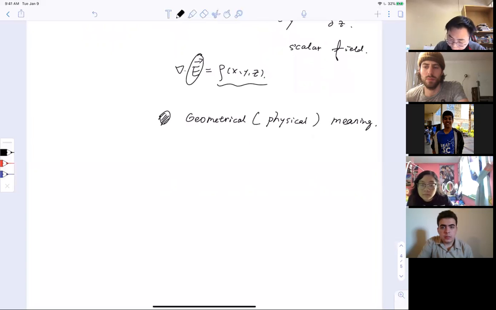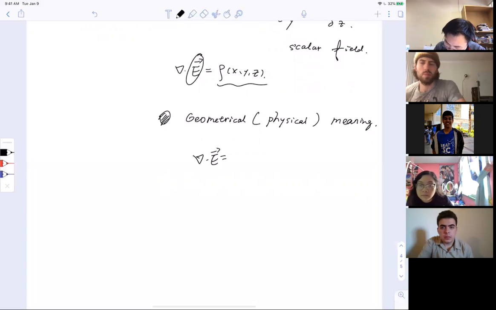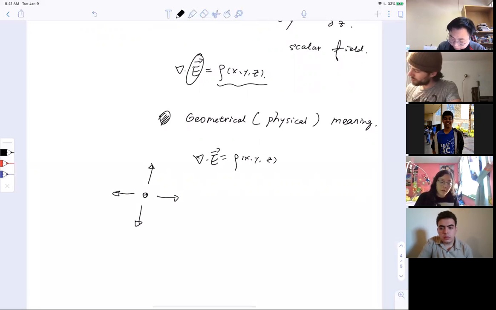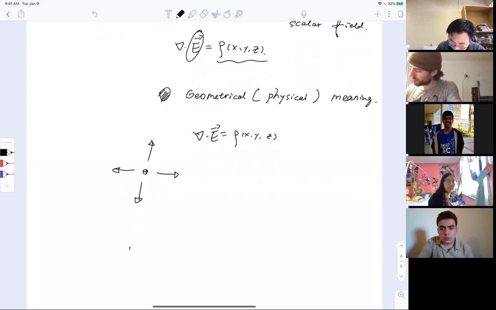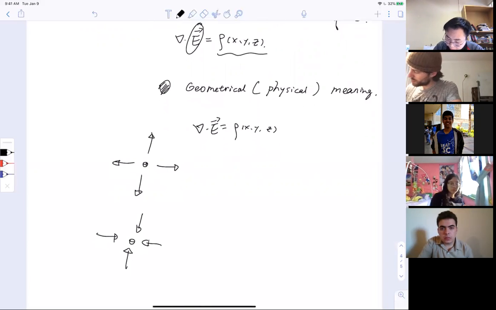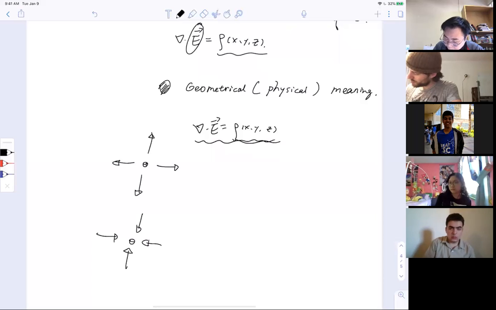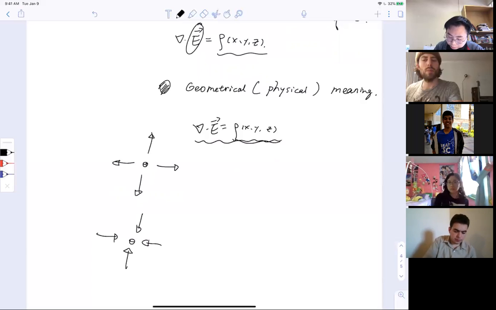So, okay, we know that if we have a positive charge, it will have an electric field like this, right? If we have a negative charge, we will have an electric field like this, meaning that if I have a scalar field that can be written in this way, then this scalar field is the source or the sink of this vector field, right?